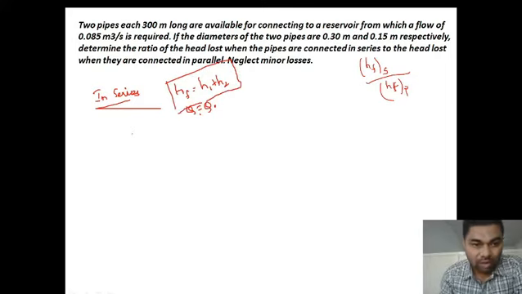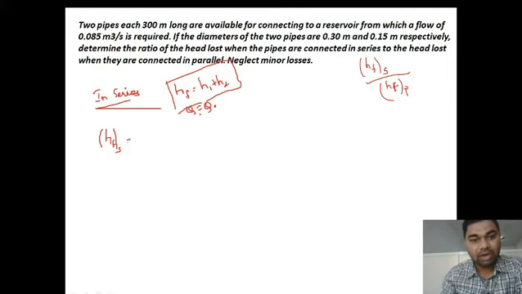So, what is the formula of head loss in series? Generally the formula for head loss is HF. Here we are talking about series, so we will write HFS. The head loss formula is F L V square by 2GD.